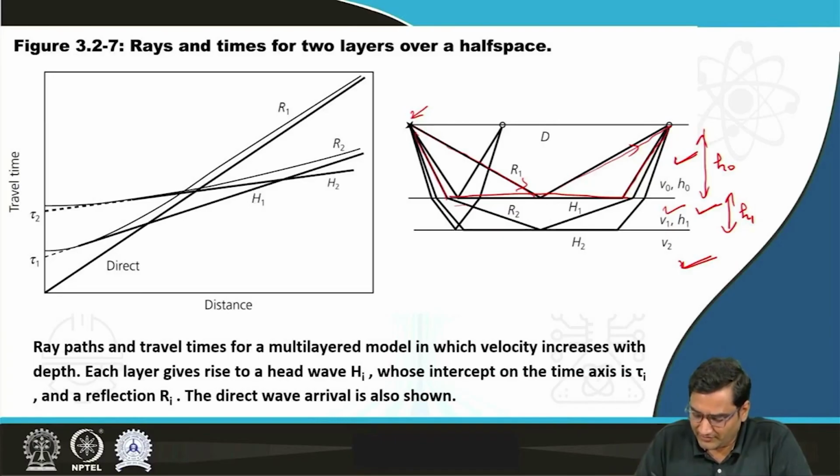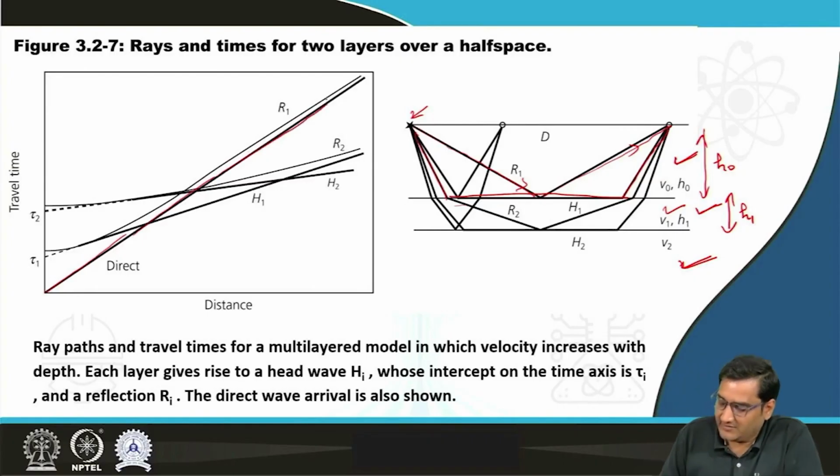So what you will observe is that this is the direct phase, that is here, and for the top layer the head wave is this one. This is the head wave for the top layer, that means at the intersection between the top layer and the middle layer. And then this is the head wave for the second interface, and these are the reflection hyperbolas.